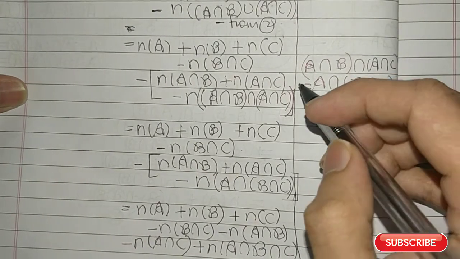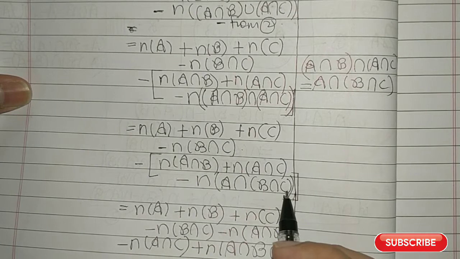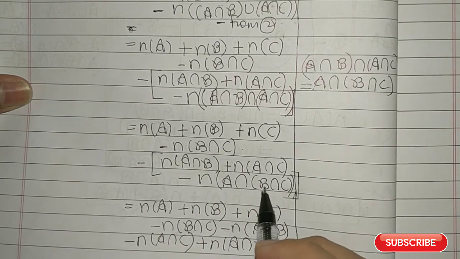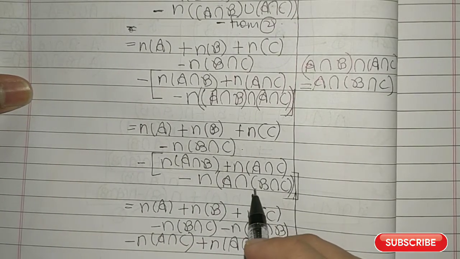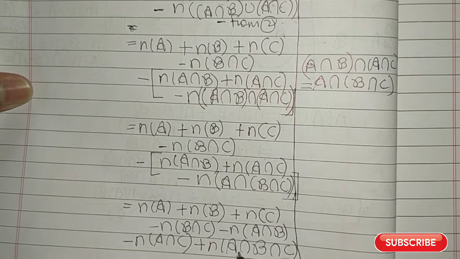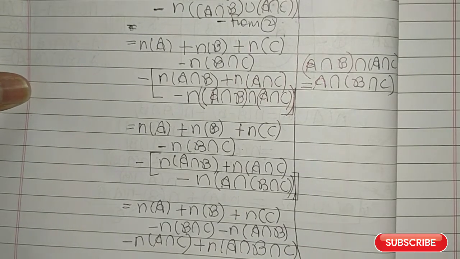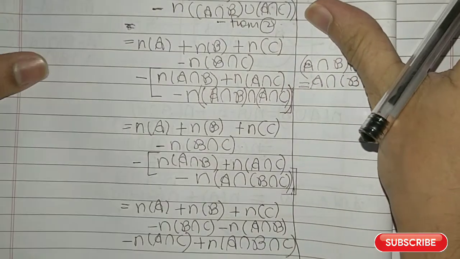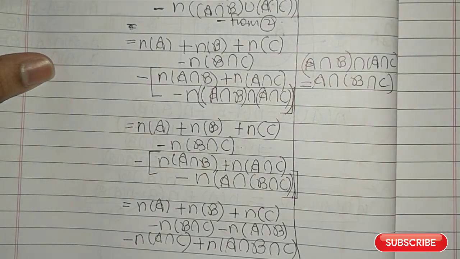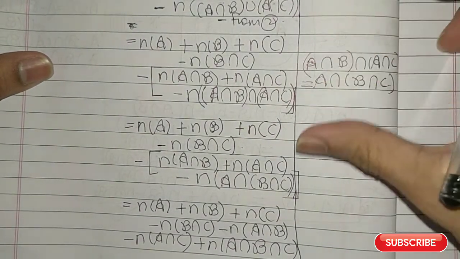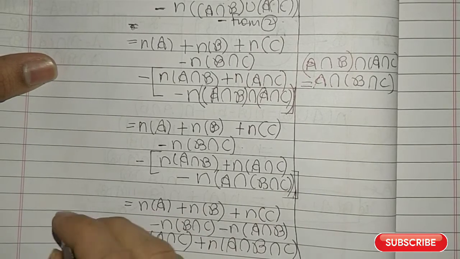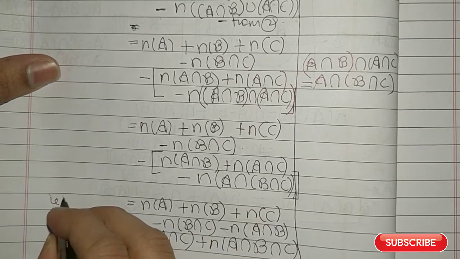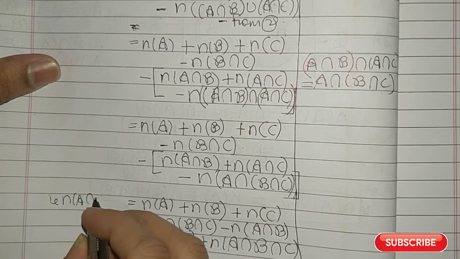These brackets you can now omit, because A intersection (B intersection C) is the same as A intersection B intersection C. That is the same thing.